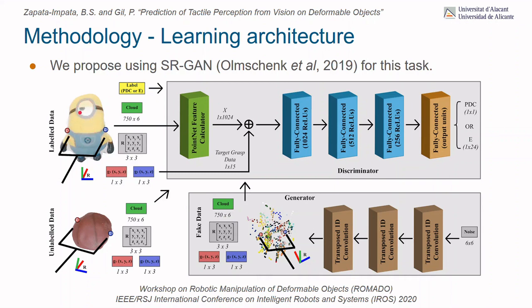So we are going to have labeled data, which are clouds of objects with grasp data, that is the grasping points plus the orientation of the hand, and all of this information is going to help the discriminator learn the task. But labeled data also has labels, which are target regression values.